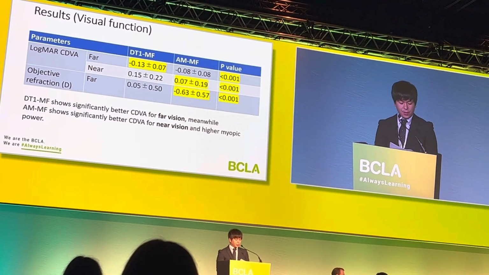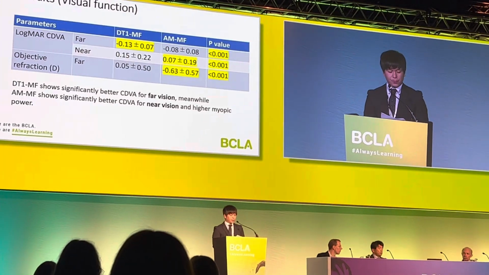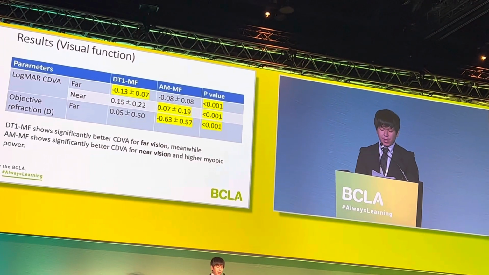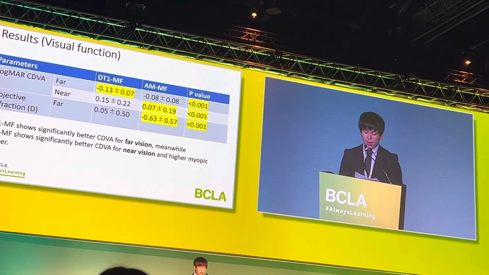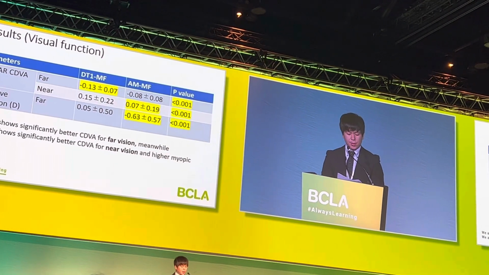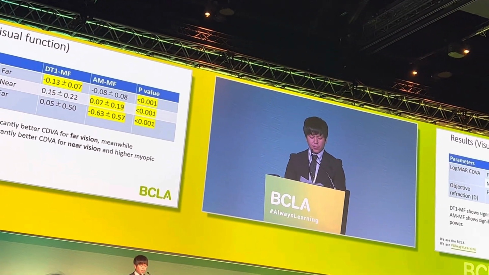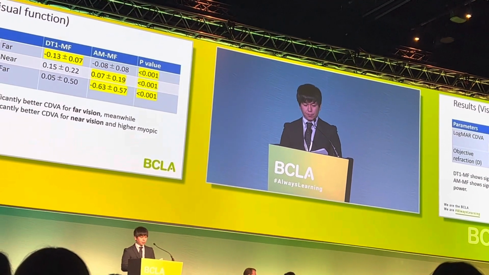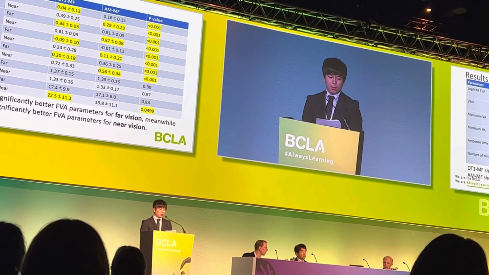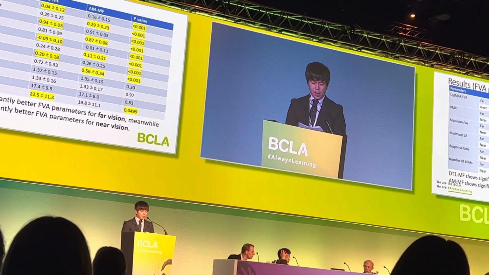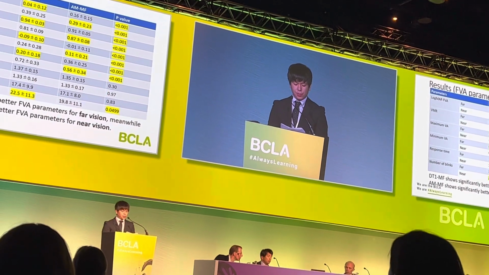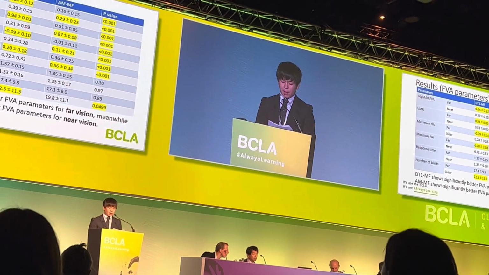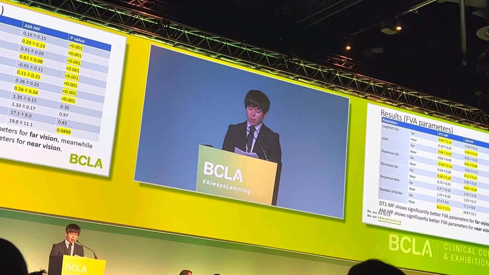List of visual function. As per this table, DT1MF shows significantly better CDVA for far vision. Meanwhile, AMMF shows significantly better CDVA for near vision and higher myopic power. Result of FVA parameters. This table shows that DT1MF shows significantly better FVA parameters for far vision.